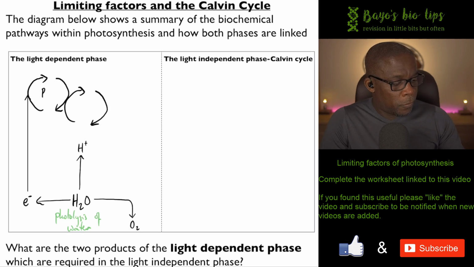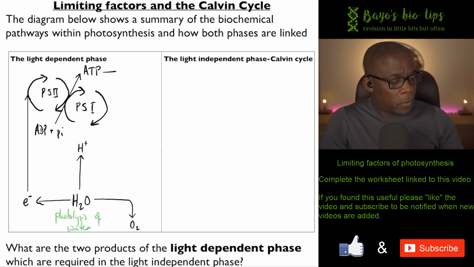We start off with photosystem 2 and then we'll go on to photosystem 1. As the electrons go from photosystem 2 to photosystem 1, you end up with enough energy being released to phosphorylate ADP to ATP.